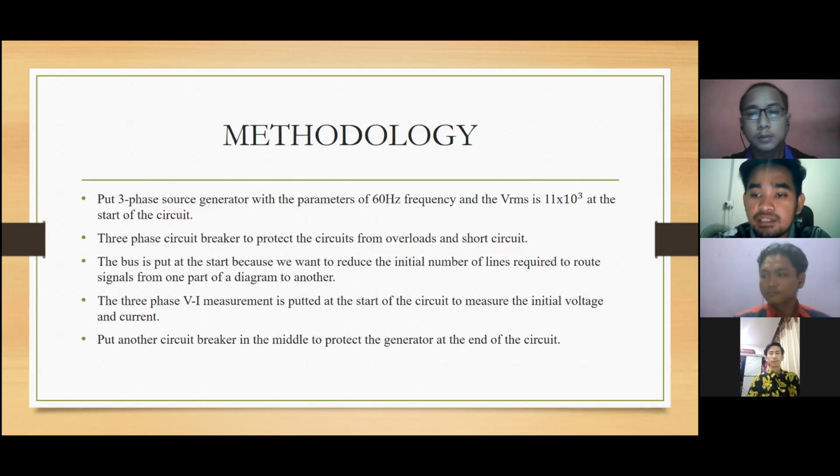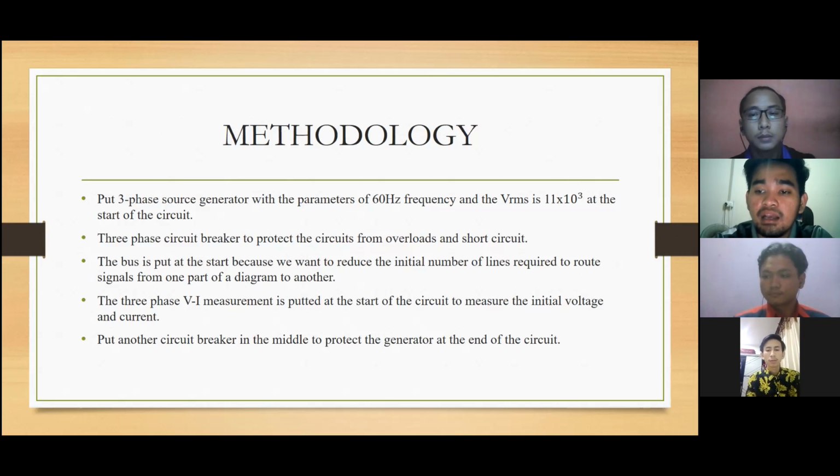Next, a three-phase circuit breaker to protect the circuit from overloads and short circuits. When a fault is detected, it will cut off the electricity supply of the installation and allow its restoration when the anomaly has been solved. Next, the bus is put at the start because we want to reduce the initial number of lines required to route signals from one part of a diagram to another.